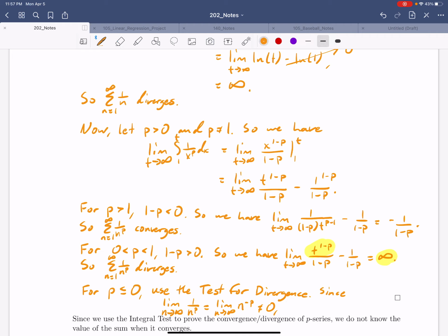I guess we should say the sum from 1 to infinity of 1 over n to the p diverges. Okay?